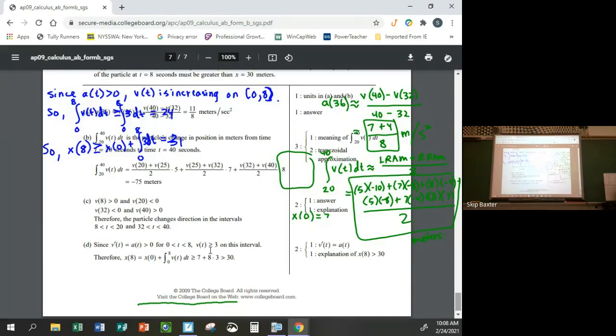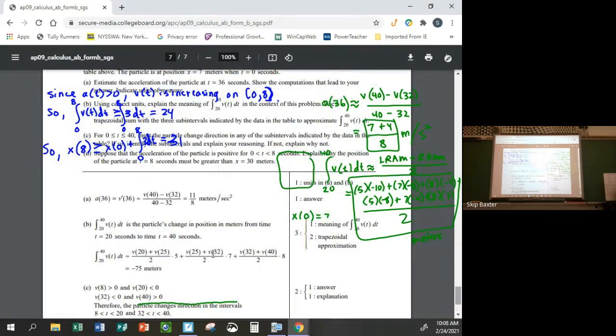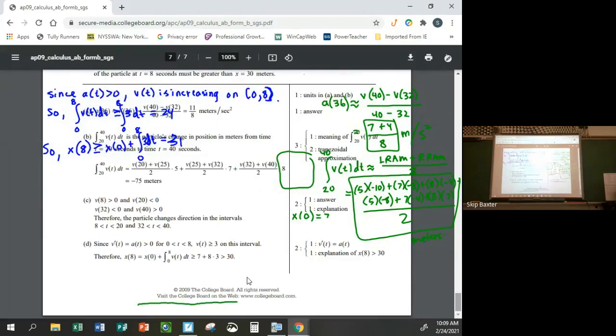If they say explain why it's true, you can't just say obviously it's true. That's not a good enough explanation. You have to give some evidence, some proof. And then the last part, they pretty much have exactly what I have, and it's worth 2 points.